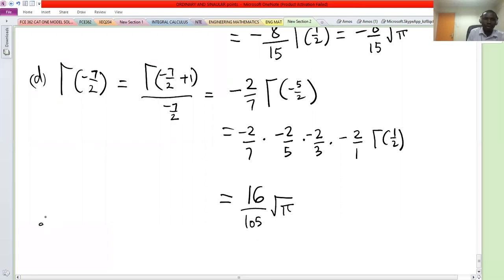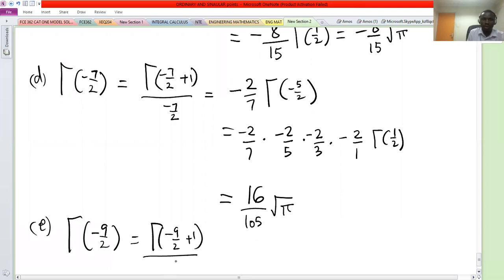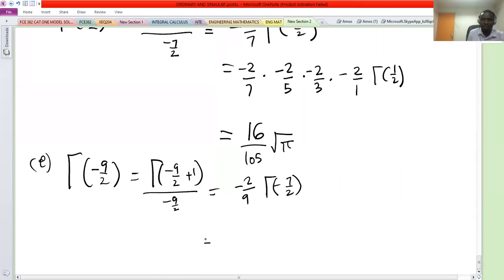So next one, E, gamma of minus 9 over 2 is simply gamma of minus 9 over 2 plus 1 over minus 9 over 2, which will be minus 2 over 9 times gamma of minus 7 over 2. And since we know the answer for gamma of minus 7 over 2, this is just the same as negative 2 over 9 times negative 2 over 7 times negative 2 over 5 times negative 2 over 3 times negative 2 over 1.